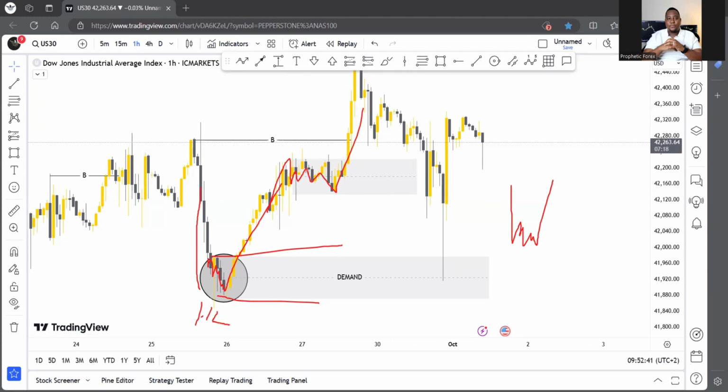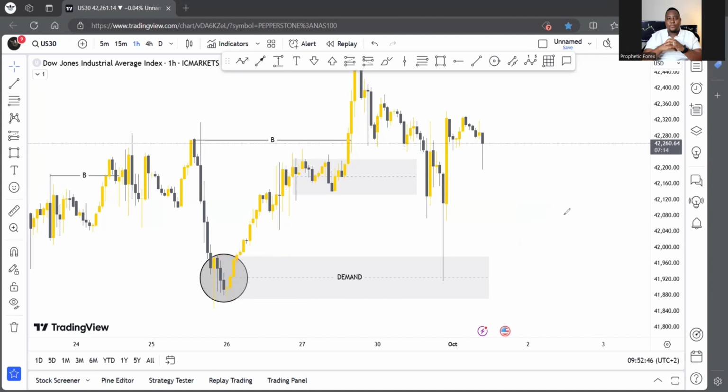So I would rather prefer for you to look for higher lows where you have the drop base rally, as well as it's within the discount markets if you're buying. Then now look at the liquidity here that the market created. It used this zone as liquidity for all of the traders that were willing to buy at that point.